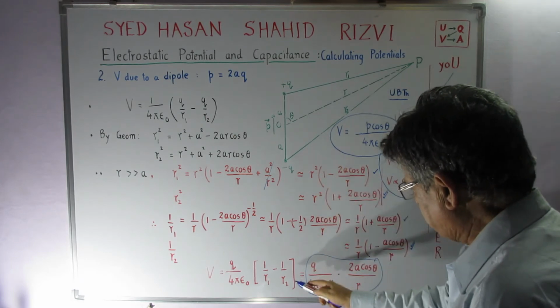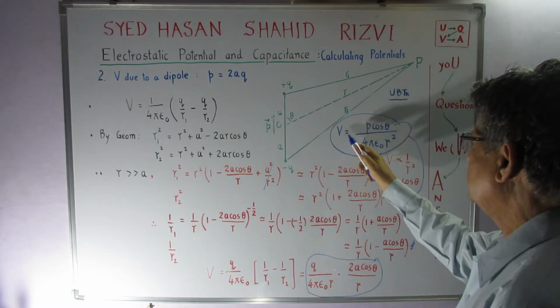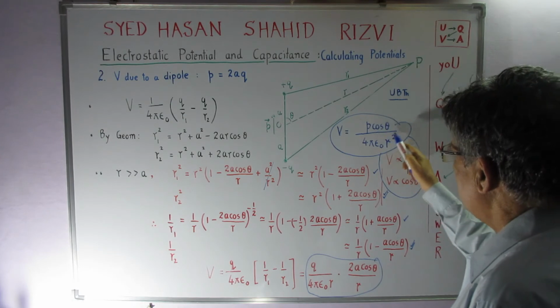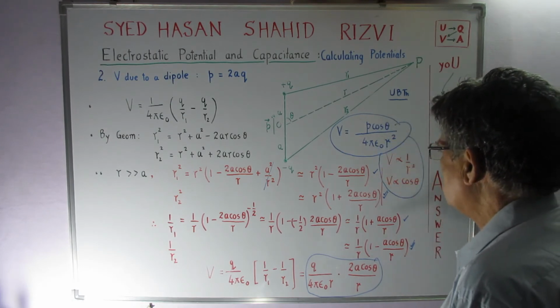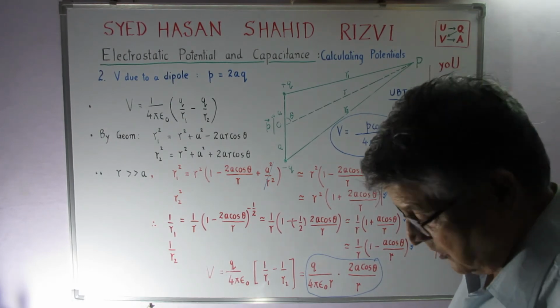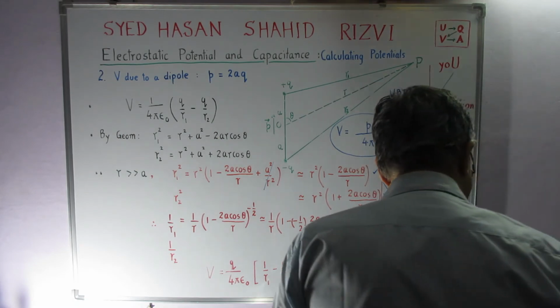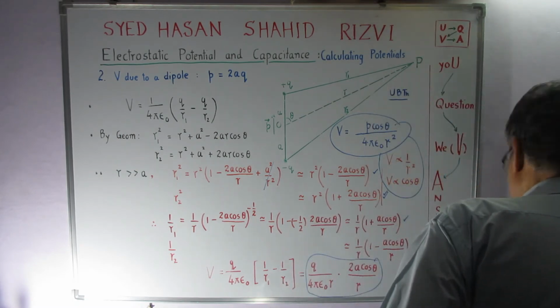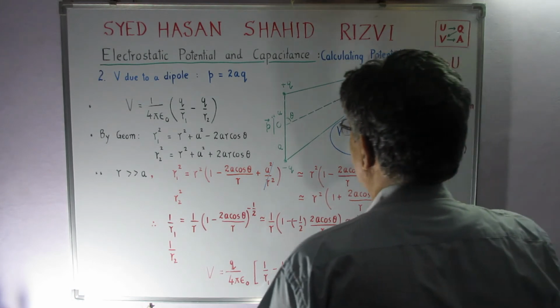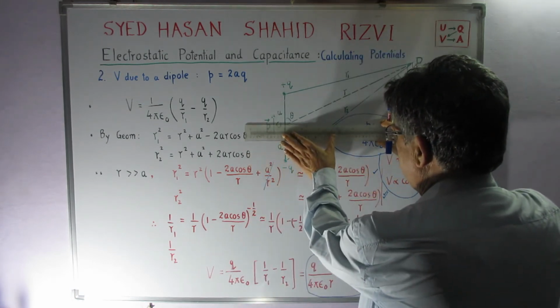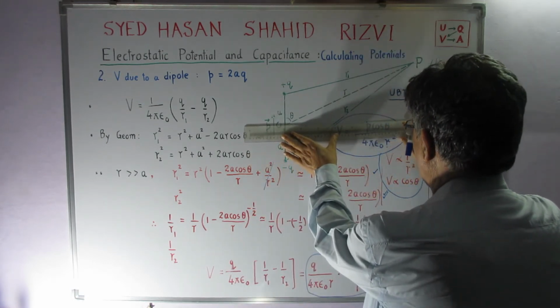So if it is in this direction, then we will get V is equal to minus P upon 4 pi epsilon naught R. Now, you will ask me a question, sir, or maybe you can call me Mr. Rizvi, no problem.